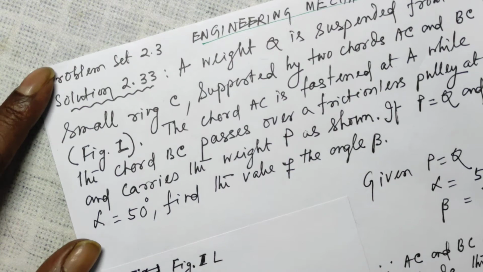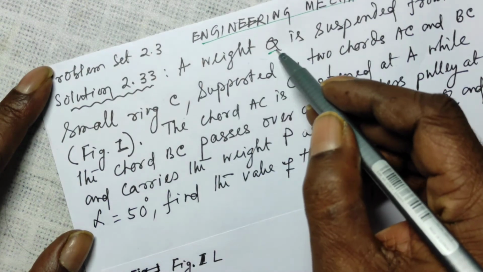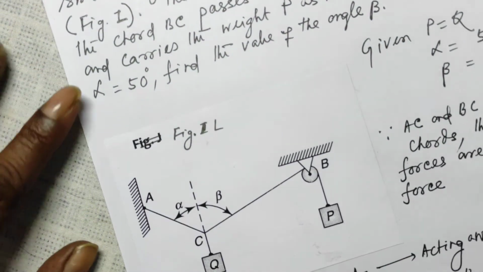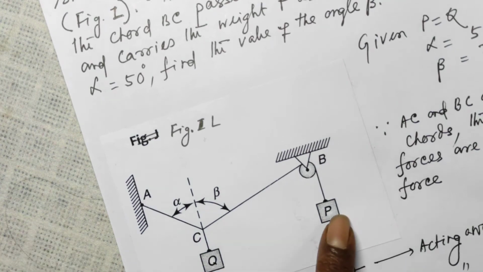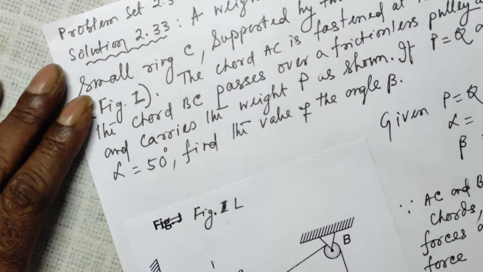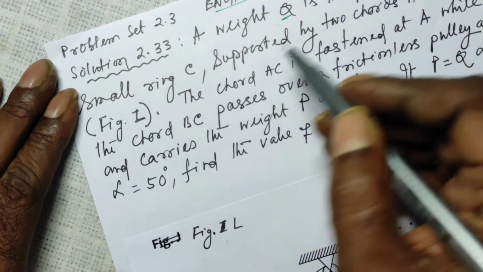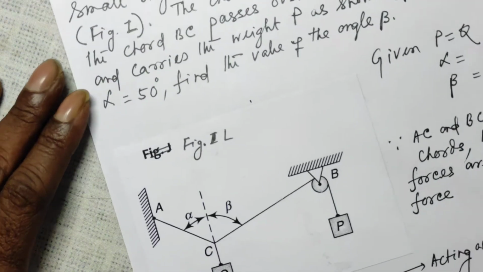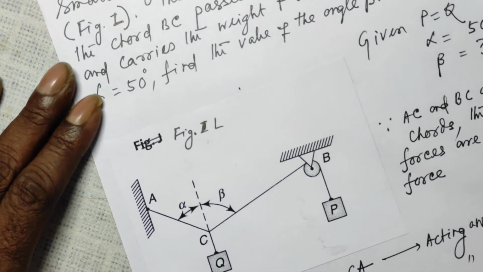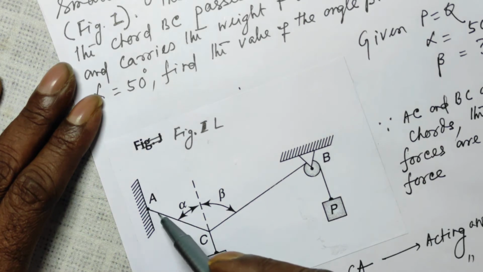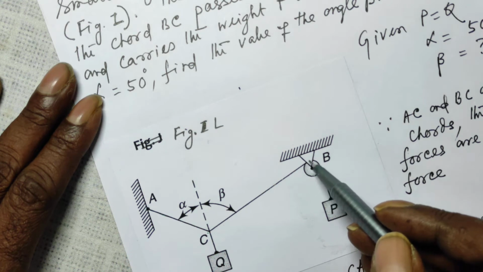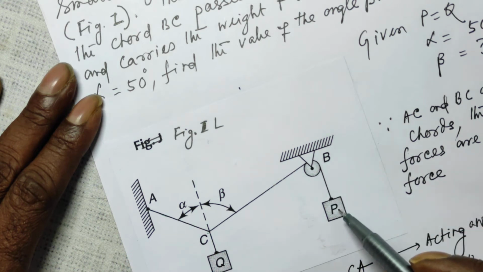Now, the statement is like this. A weight Q, and P is also a weight. A weight Q is suspended from a small ring. This is a thread, cord ACB, and from here a weight P is hanging.